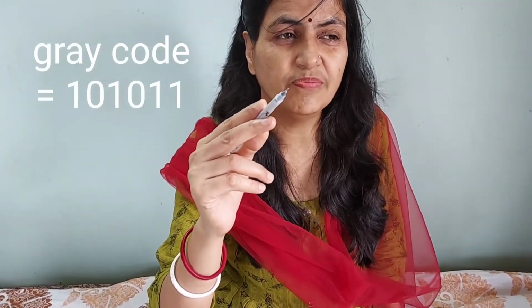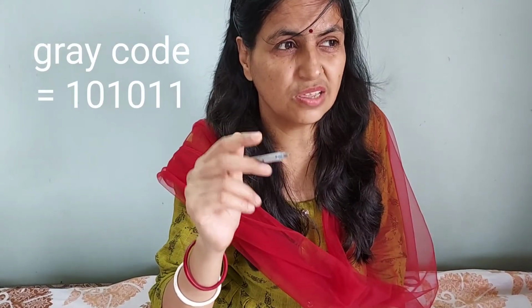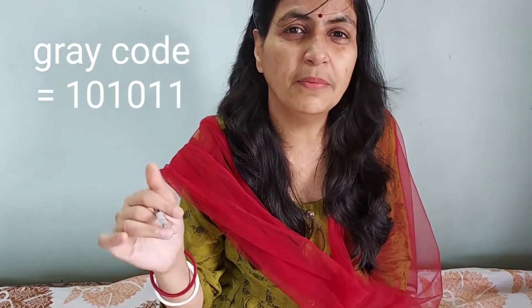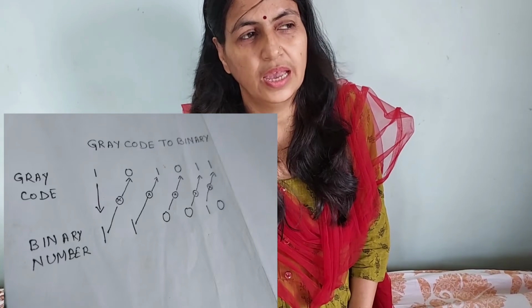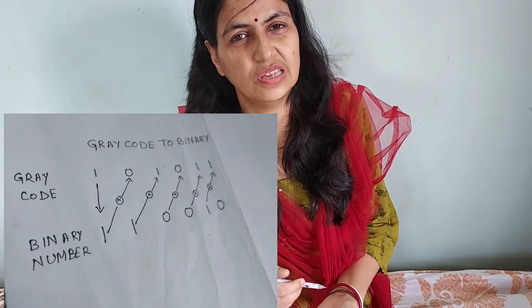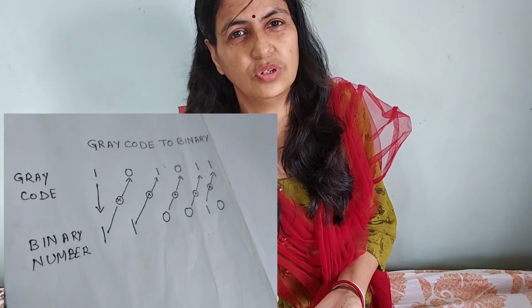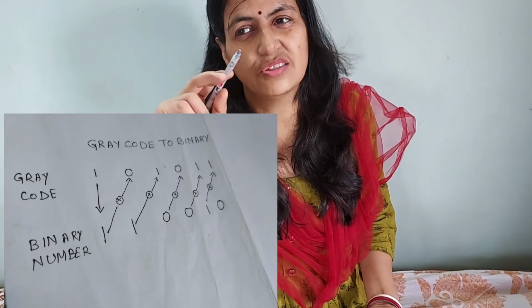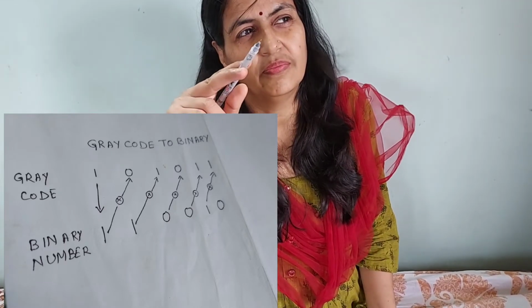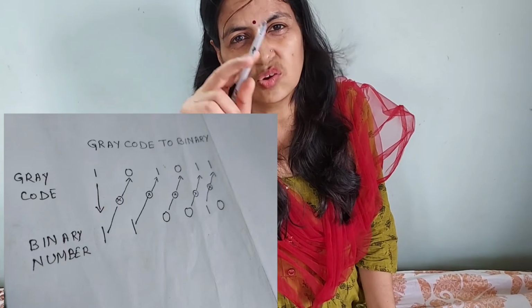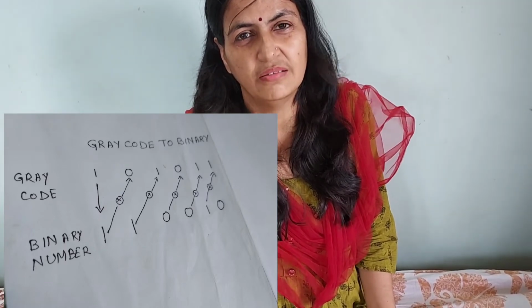For example, the gray code is 1 0 1 0 1 1, and we have to find the binary. The first term is 1, so the binary code starts with 1, and the second gray bit is 0. Then 1 XOR 0 is equal to 1. So the second term of the binary code is 1.